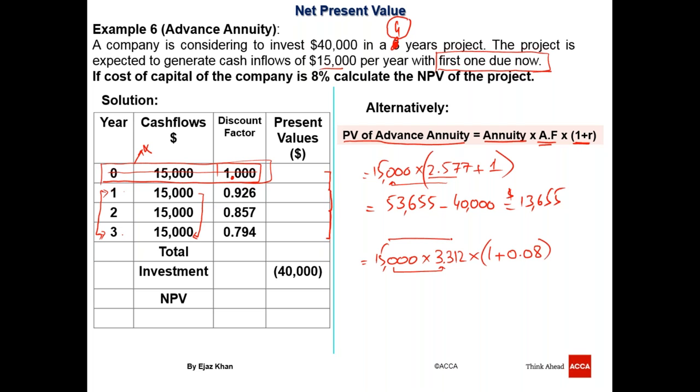So 15,000 into 3.312, that is the 4 years annuity factor, and then multiply it with 1.08 to adjust the impact of advance annuity. May I know the answer? So it's approximately the same, 53,654.